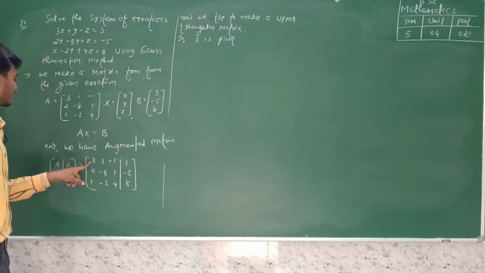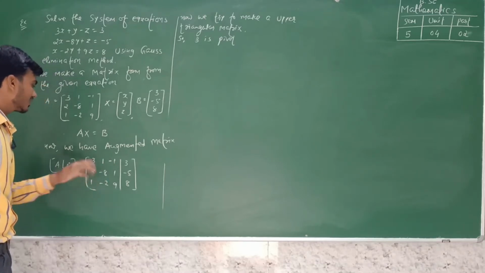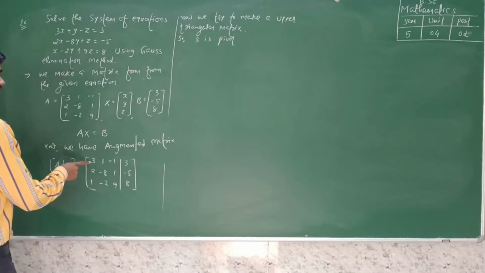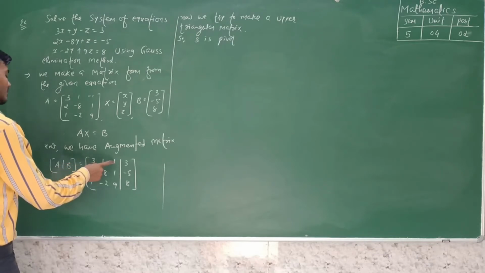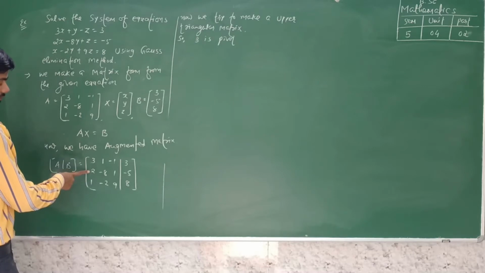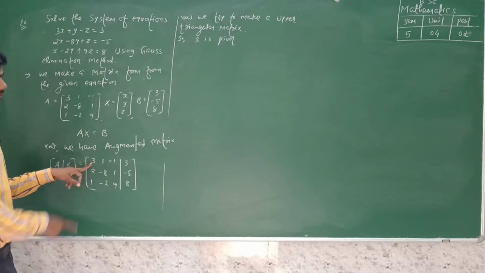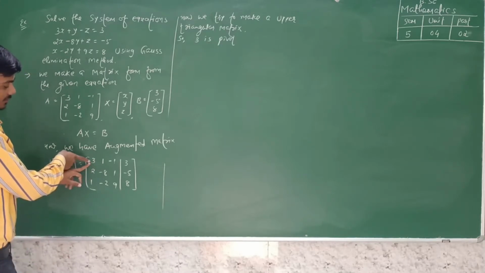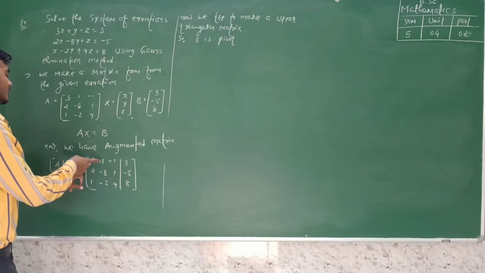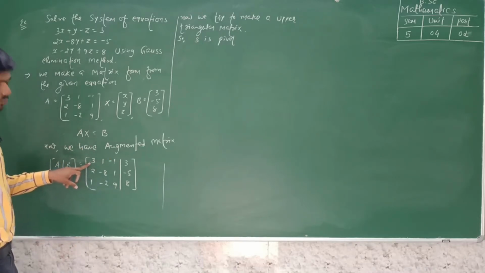So every element of the first row, what is the value which is multiplied by this row and added into the second row? Here the pivot element is 3. Each element of the first row is multiplied by minus 2 by 3.